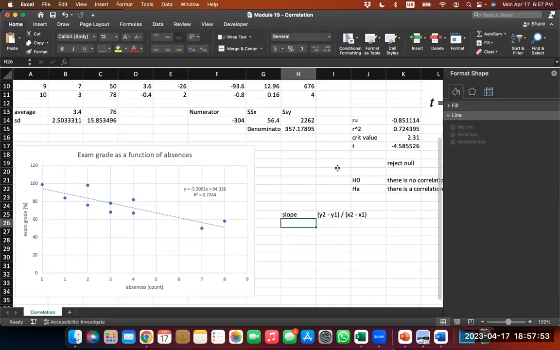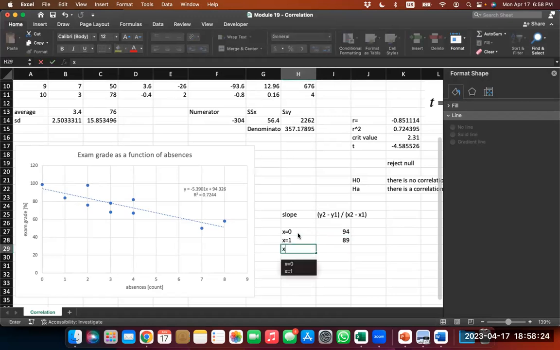So the way you could calculate this, if we say, okay, x equals 0, that's somewhere in the realm of 94. Then we have x equals 1, that's somewhere in the realm of, let's say, 89.